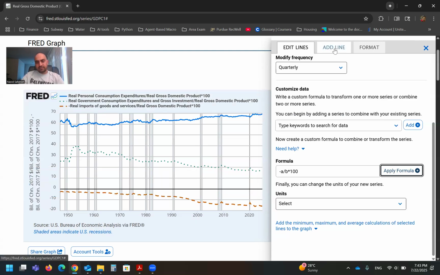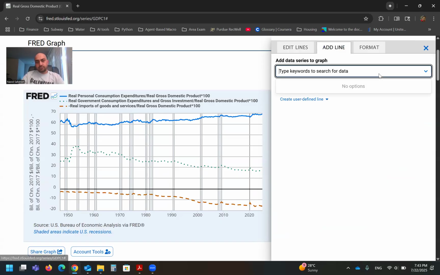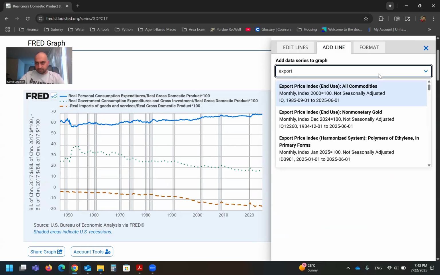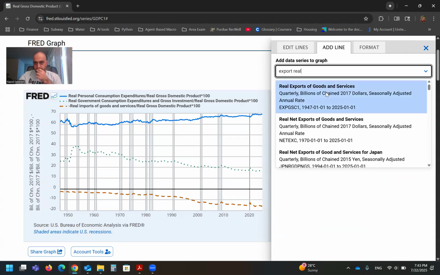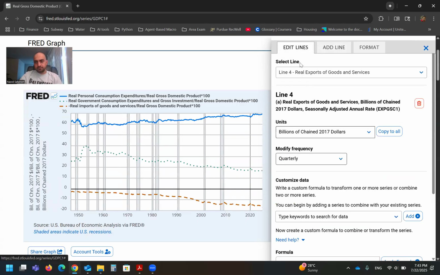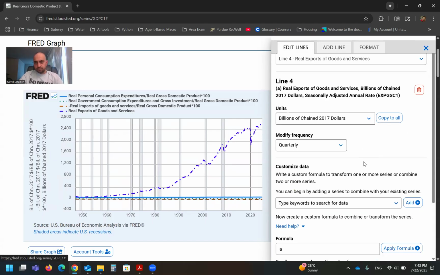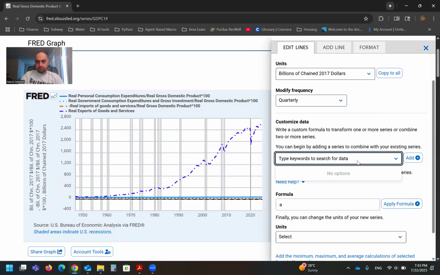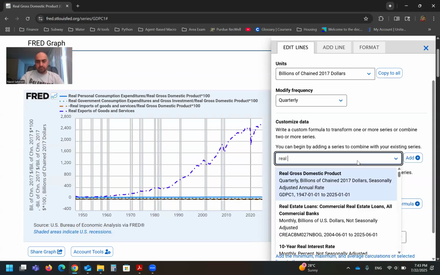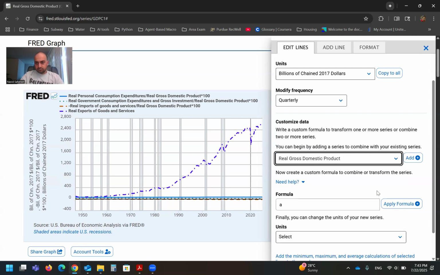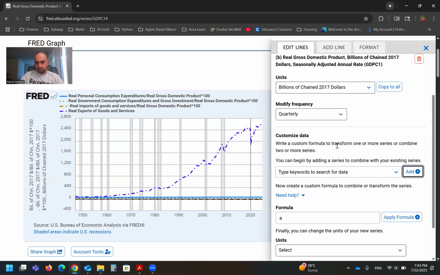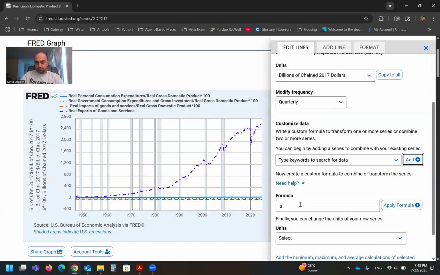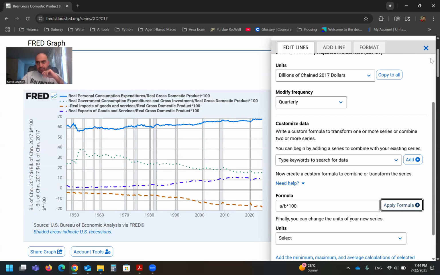Let's have the exports as well. We need real exports, real GDP as well, and A over B times 100. Okay, good.